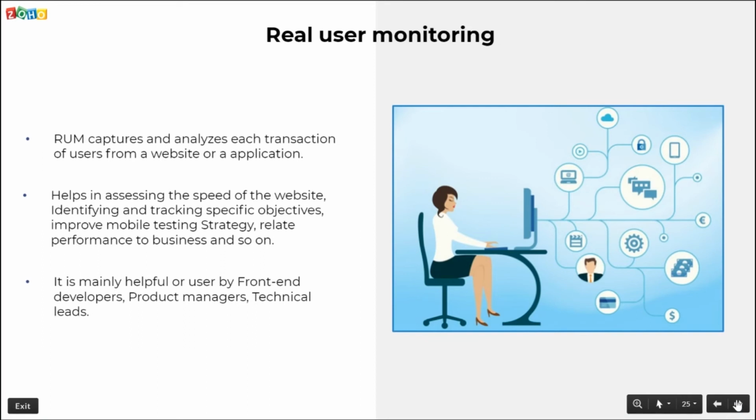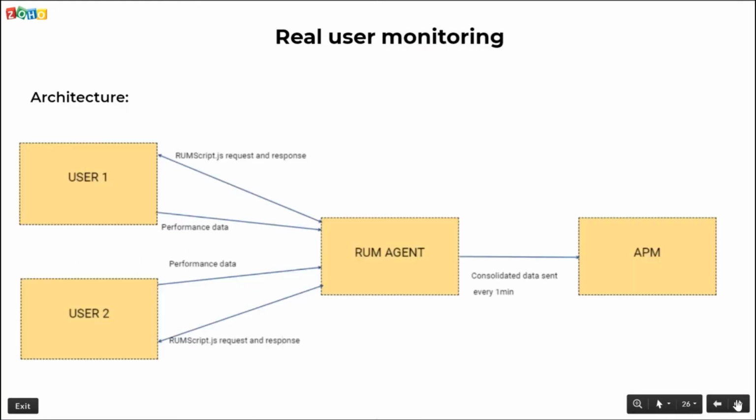Real user monitoring is mainly used by the people maintaining a website, like the front end developers, project managers, technical leads, etc. So this is how the architecture of real user monitoring looks like. First you will be having a script. This script you will be injecting in the header or footer of a website.